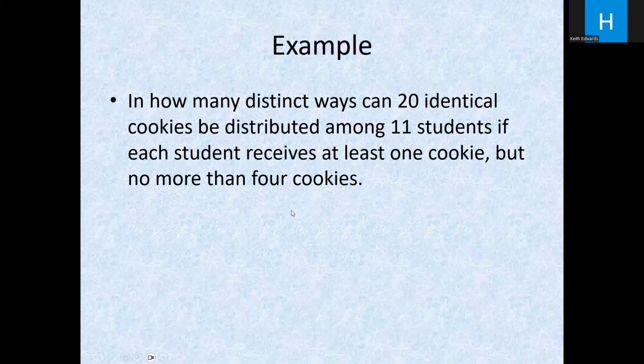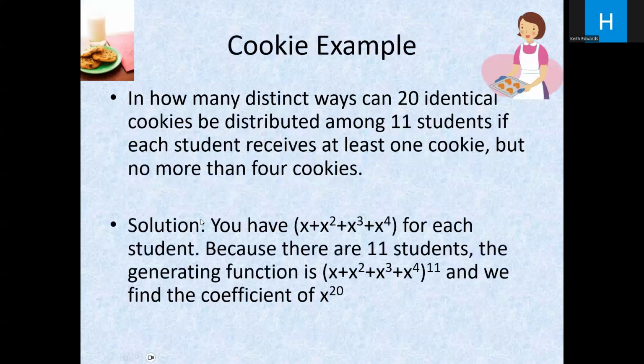Basically here, each student gets at least one cookie, but no more than 4. So we would have x to the 1 plus x to the 2 plus x to the 3 plus x to the 4. And then we would raise that to the 11th power and find the coefficient of x to the 20th.